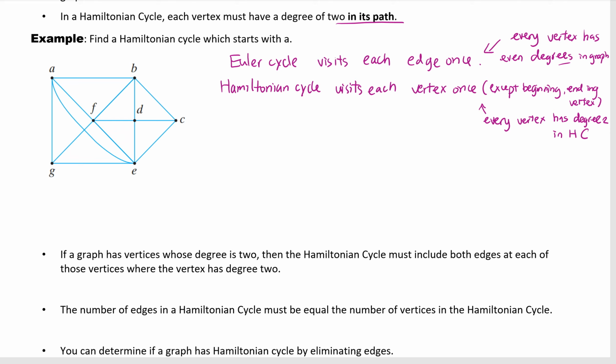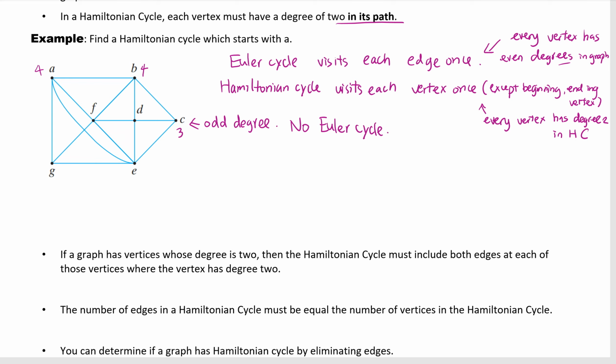Well, let's look at the degree of each vertex. A has 1, 2, 3, 4, degree 4. B, 1, 2, 3, 4, degree 4. C, 1, 2, 3. Oh, you can see C is odd degree. That's why we know there is no Euler cycle, because the degree is 3, and 3 is odd.